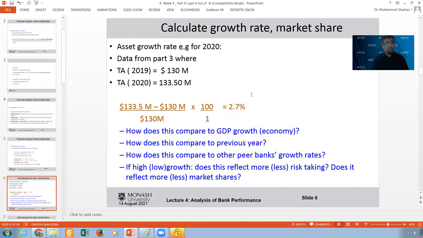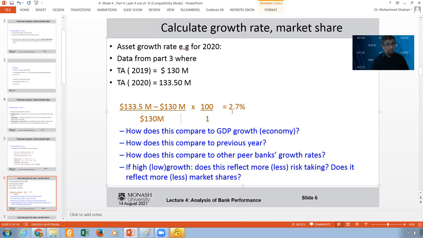Let me move to some other issue, which is the growth. Now, assume I take this data from part 3, where the total assets for the bank in 2019 were 130 and grew to 1335. This is the total assets.